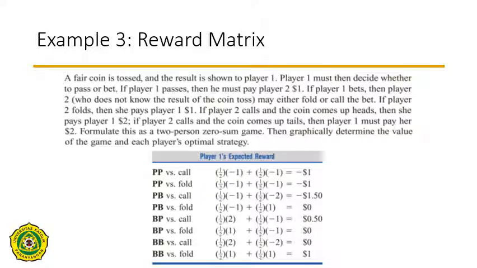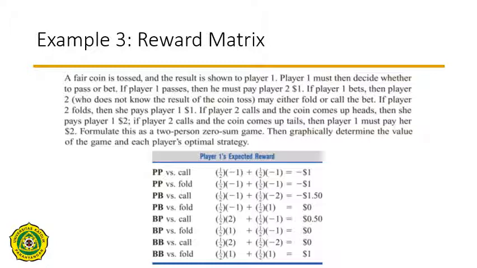Once we have defined the possible strategies for both players, we are going to construct the reward matrix. Because player 1, the row player, has four possible strategies, PP, PB, BP, and BB, and the second player has two strategies, call and fold, our reward matrix has the size of 4 by 2.